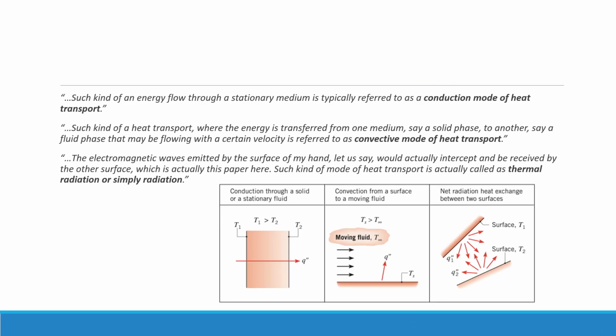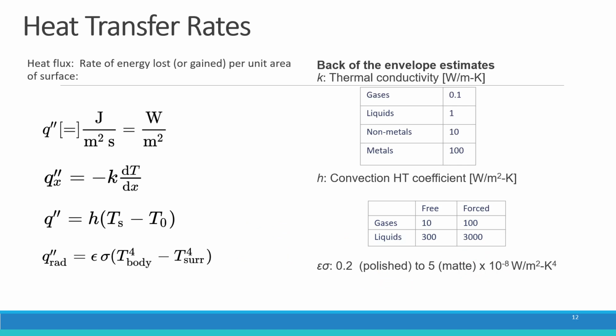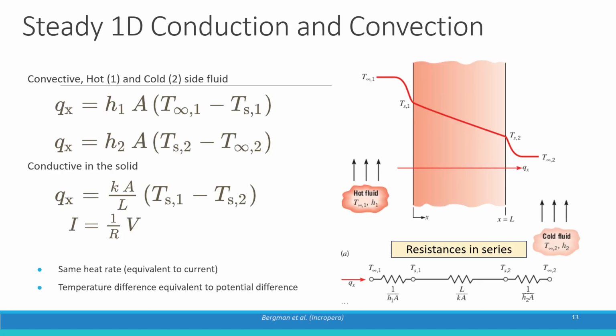Then we briefly covered the three main modes of heat transfer, that is conduction, convection, radiation. We studied the basic laws such as Fourier's law for heat conduction, then Newton's law of cooling, and then we moved on to the resistance concepts, which can help you to solve the questions easily, whereby you have multiple modes of heat transfer such as conduction, convection.